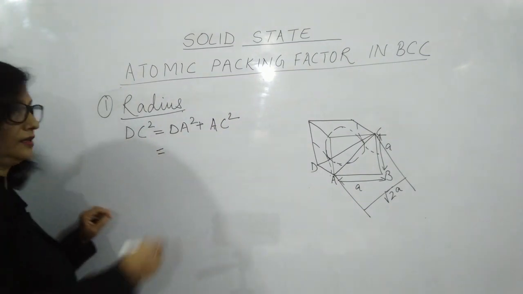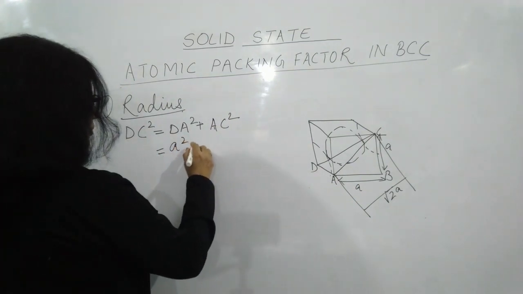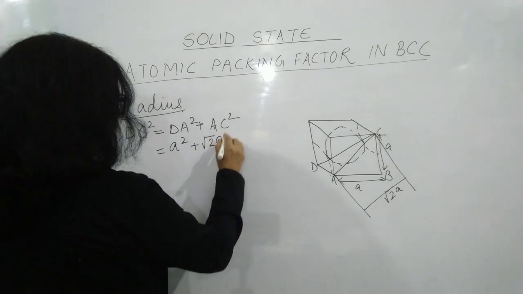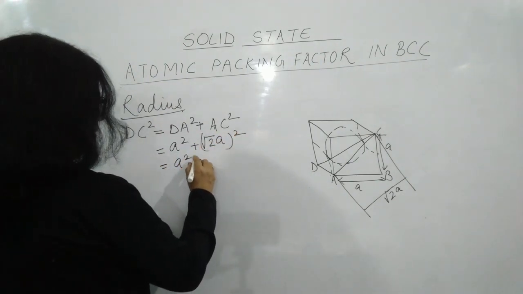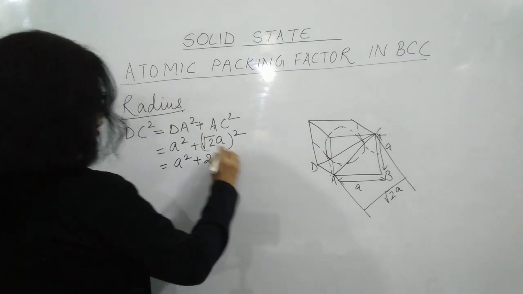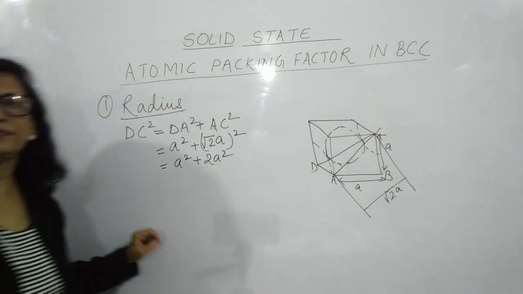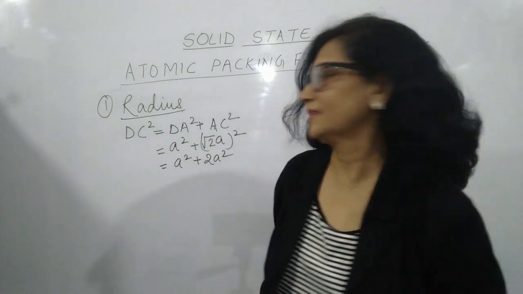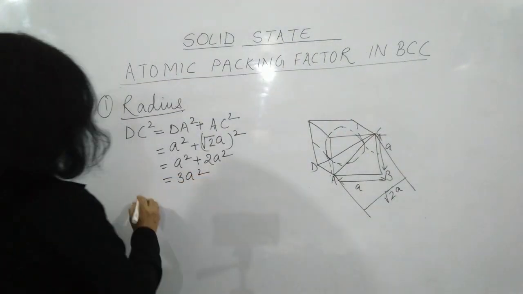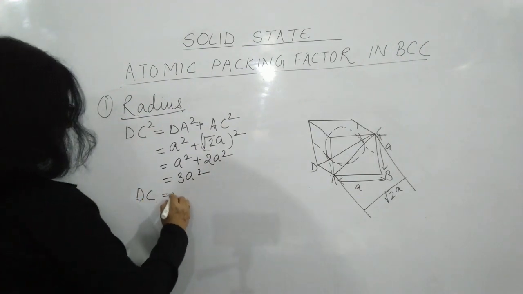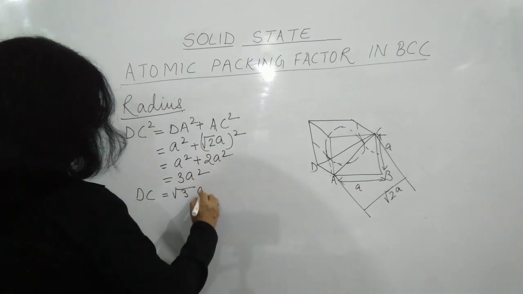So DA is equal to A, plus root 2A square. It is A square plus 2A square, then 3A square. So DC is equal to root 3A.